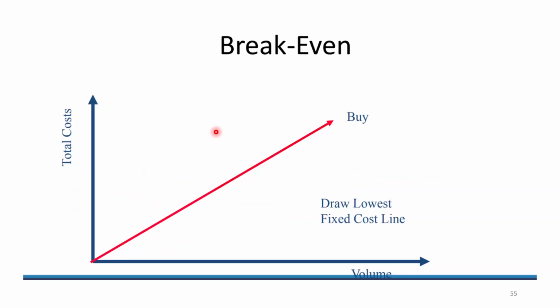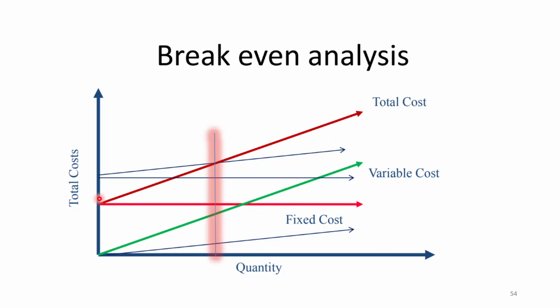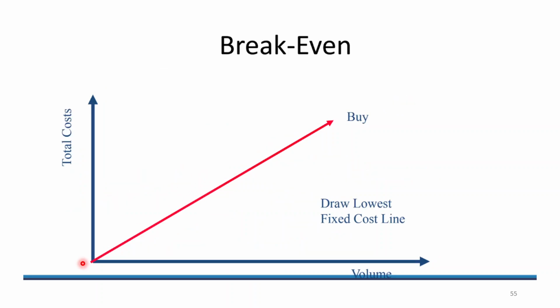Now you can either use casting or you can directly buy your units as well. If you buy 0 units, then you will have 0 amount. In the casting case, for 0 units you will still have some amount of fixed cost. You will buy your tube furnace, and that will cost you even without making any product. In case of purchasing, the graph will start from 0.